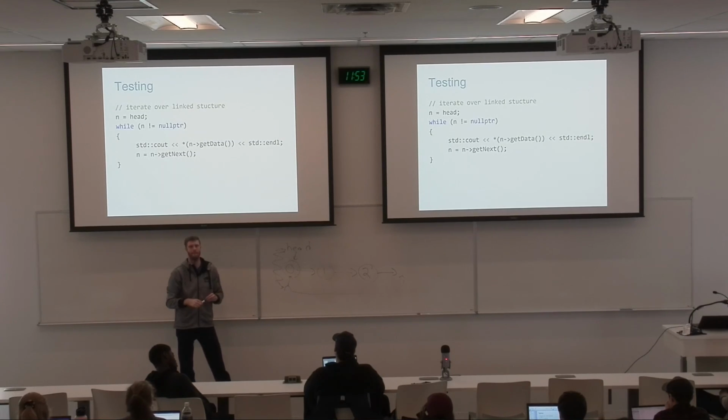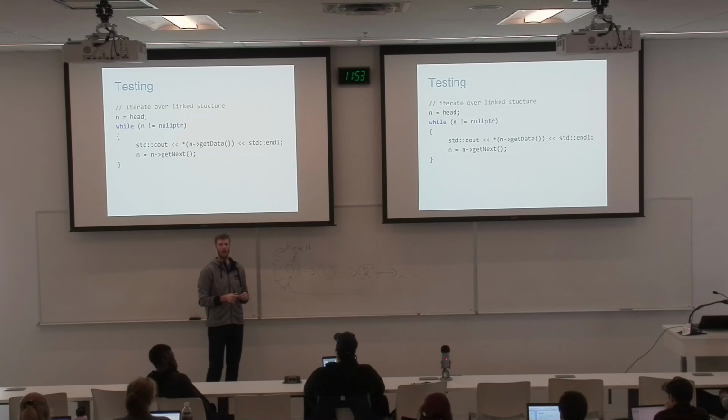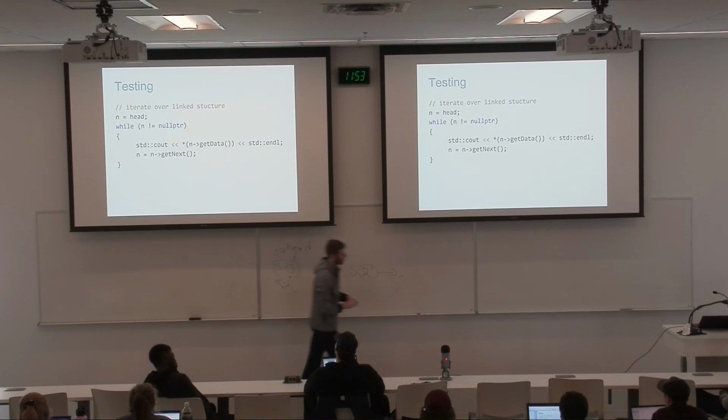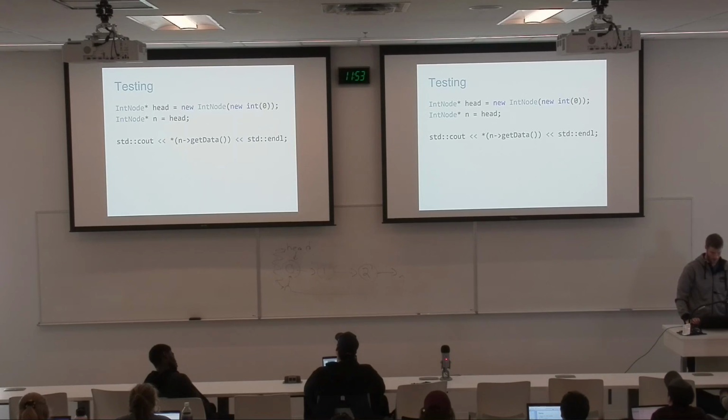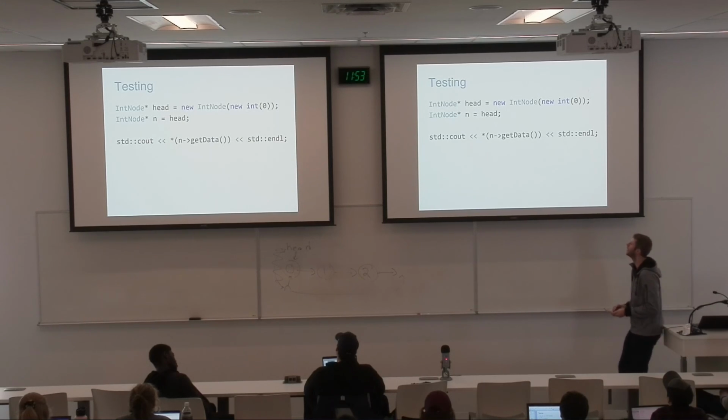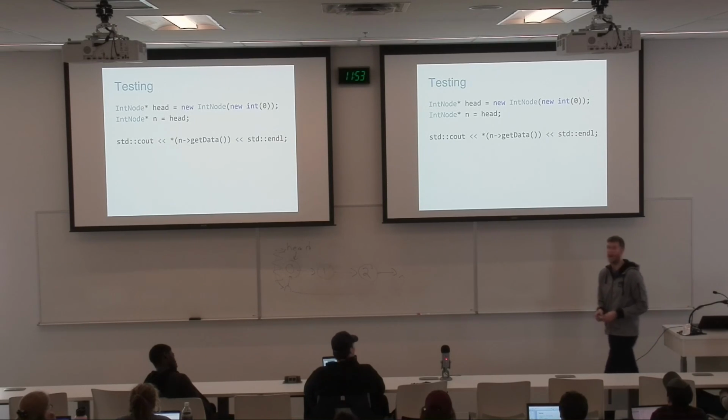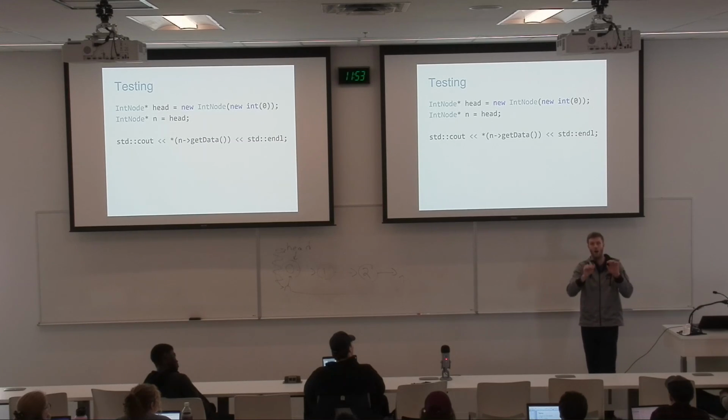I'm not sure if this is the same question that he just asked, but in the previous slide, where it defines int node star n equals head, wouldn't that mean that n is pointing to head? No. It copies. Remember, whenever we see an equals, it copies over the contents of that variable.